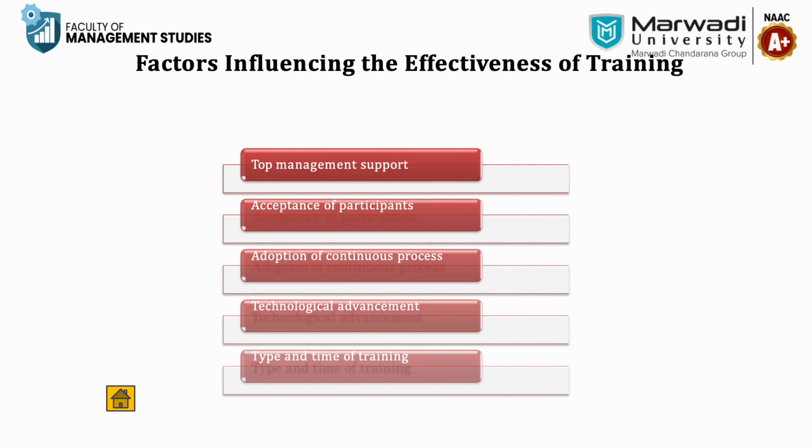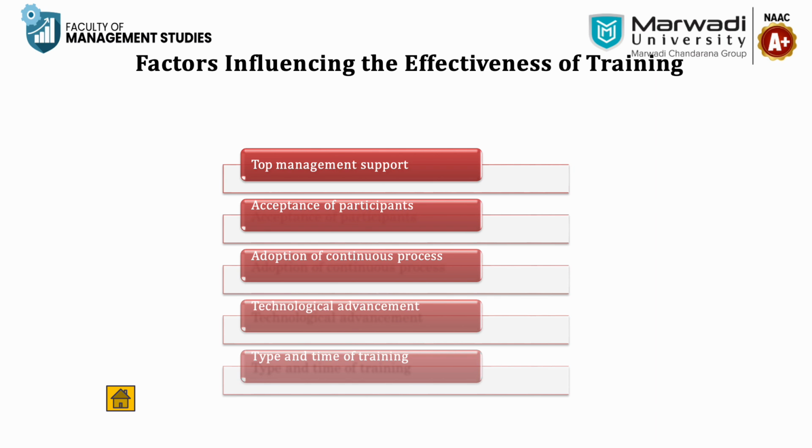If you don't give them sufficient time to learn new skills, if you don't create such environment for them to feel happy, to feel fresh, to feel positive and understand why they are doing it, then the training is going to be a waste for sure, right? So what type of training you are offering to the employees completely depends on what are the objectives of training, what is the goal of training, and after that the type of training and time of training are the factors which influence the effectiveness of training.